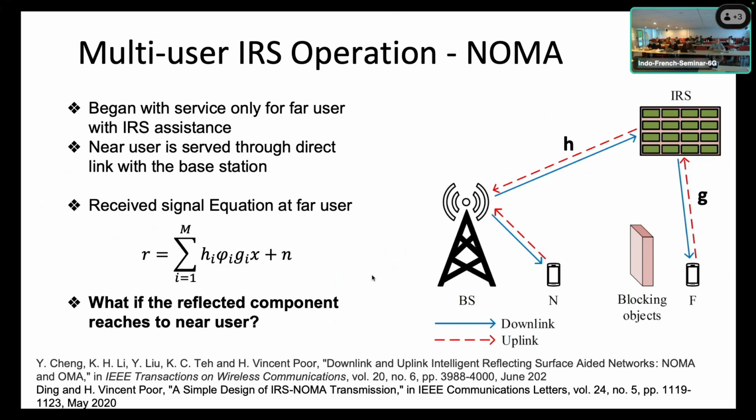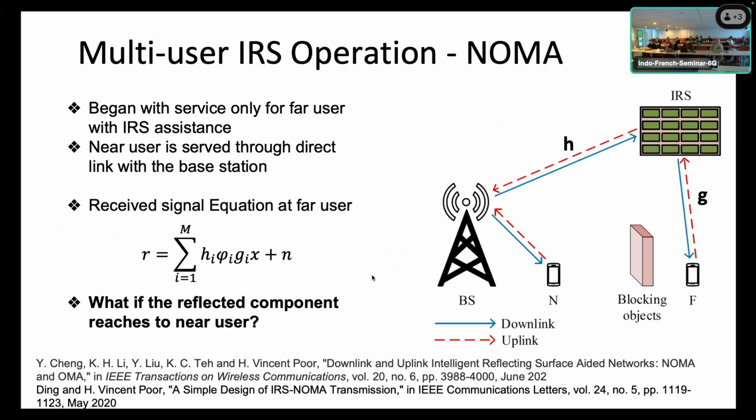The first scenario that was proposed was like this: the near user has a direct link available from the base station, while for the far user the direct link is blocked and it is served through the IRS. In such a case the problem is very simple.